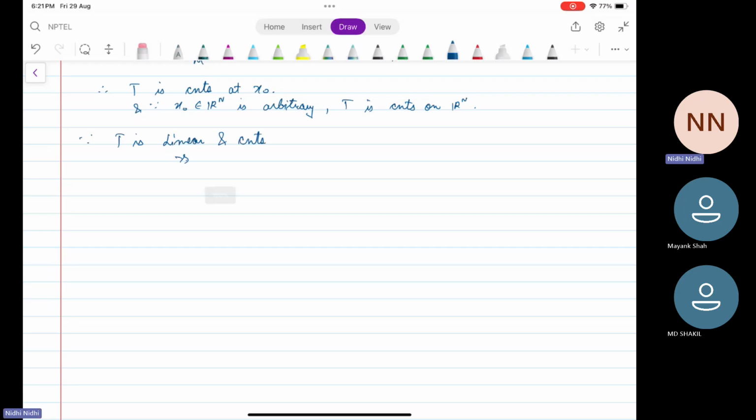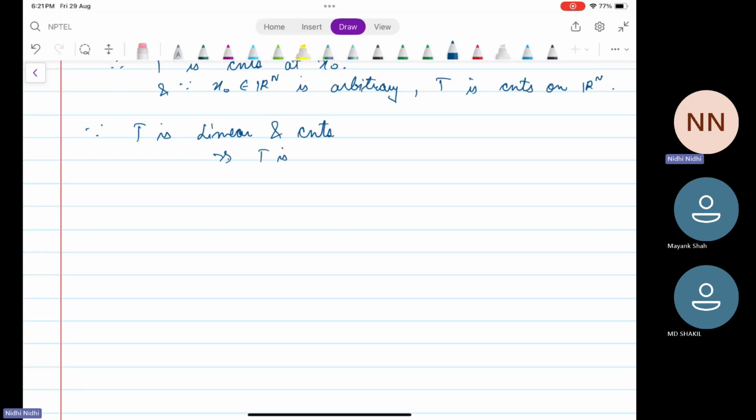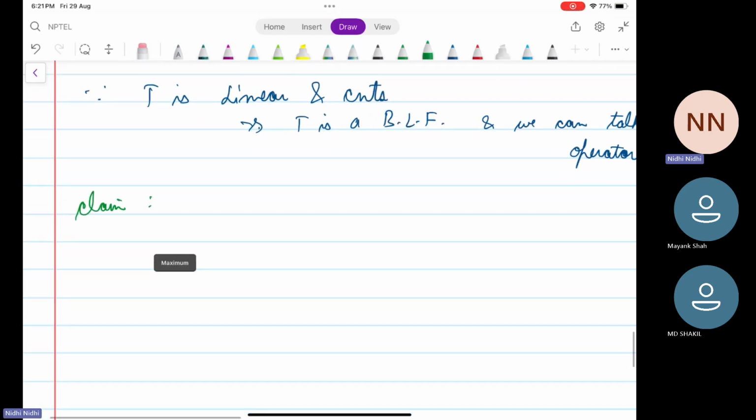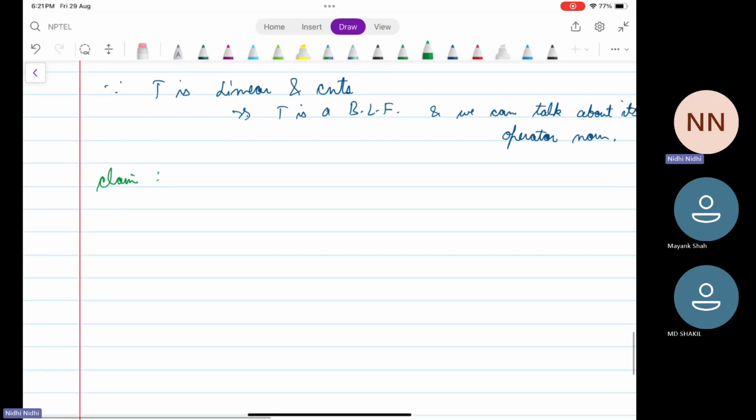This implies T is a bounded linear function, and we can talk about its operator norm. So we'll show that its operator norm depends somehow on the terms of the matrix.